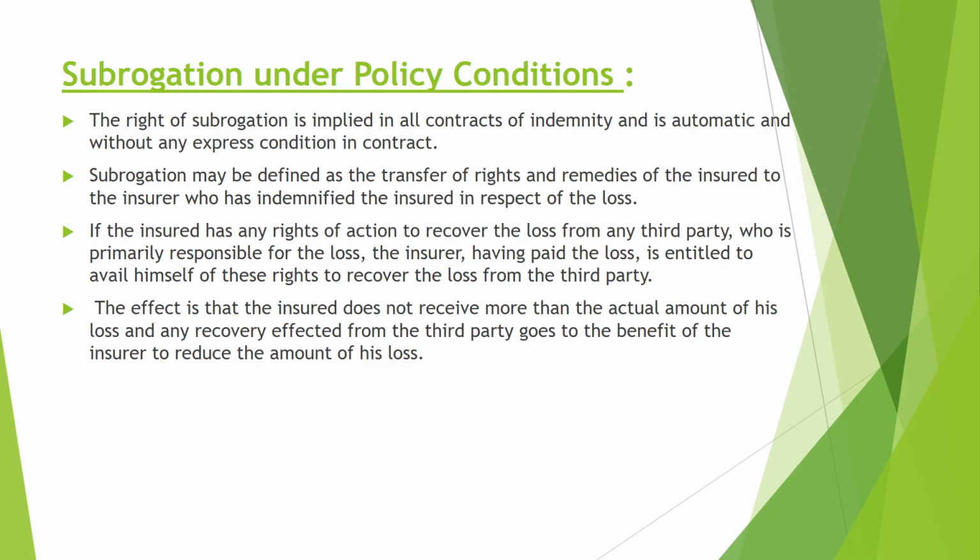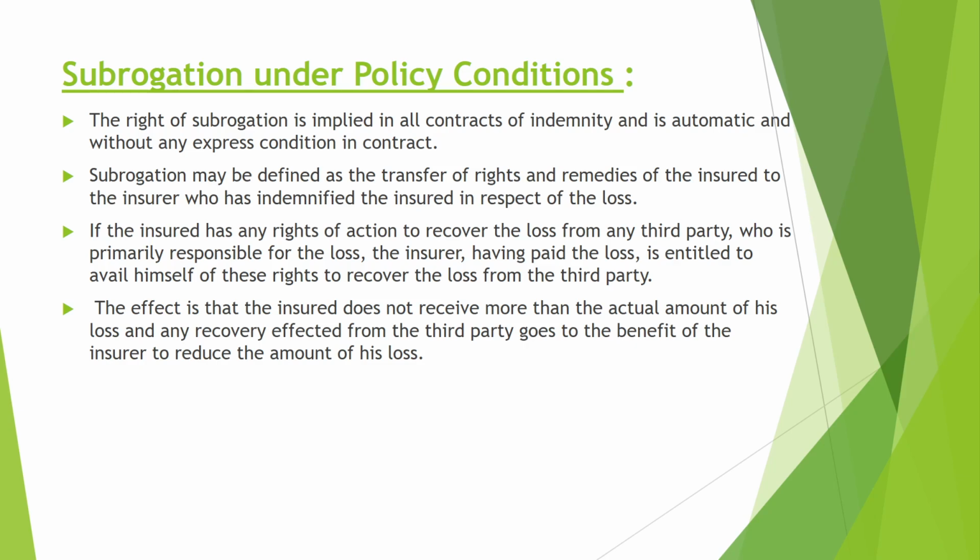Subrogation may be defined as the transfer of rights and remedies of the insured to the insurer who has indemnified the insured in respect of the loss. If the insured has any right of action to recover the loss from the third party who is primarily responsible for the loss, the insurer, having paid the loss, is entitled to avail himself of these rights to recover the loss from the third party.